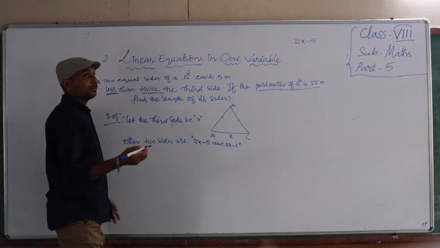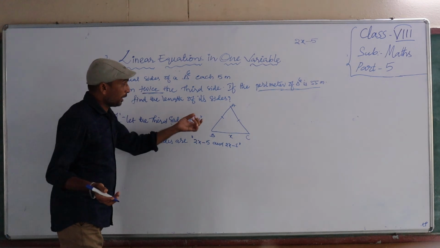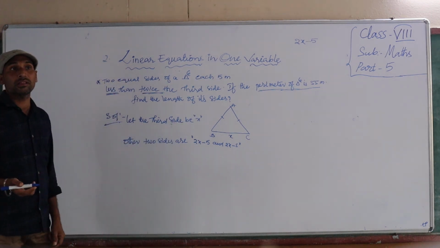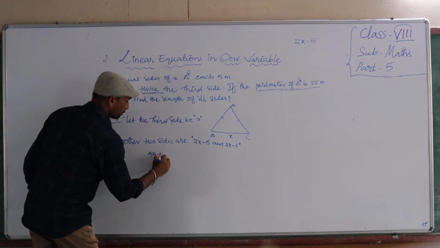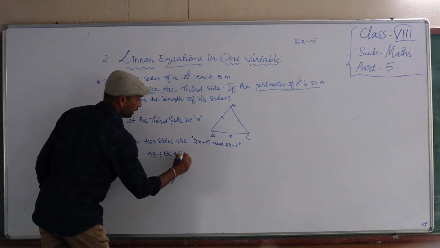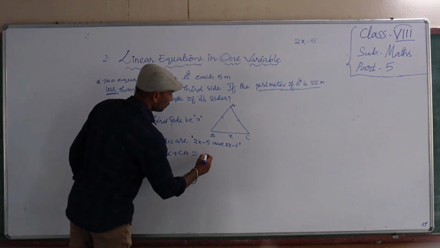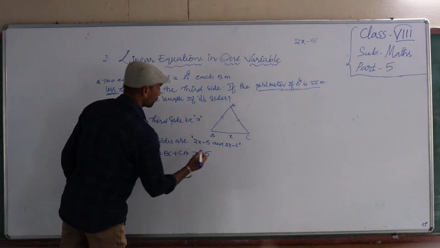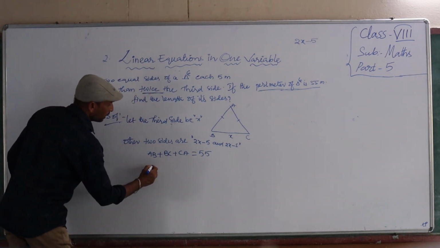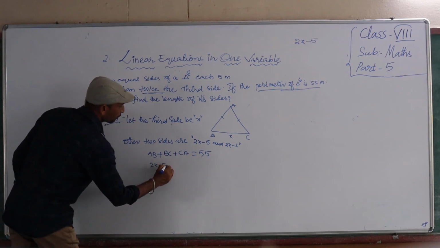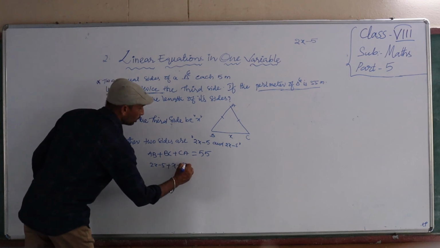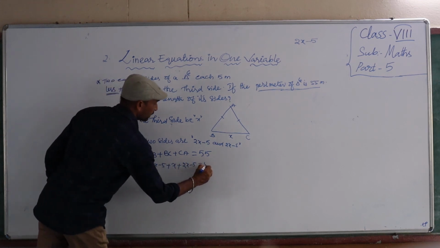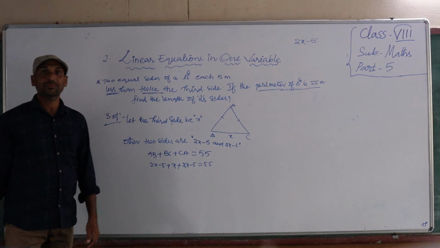Perimeter means the sum of all the sides: AB plus BC plus CA is equal to 55. Then AB is 2x minus 5, BC is x, CA is also 2x minus 5, and that is equal to 55.